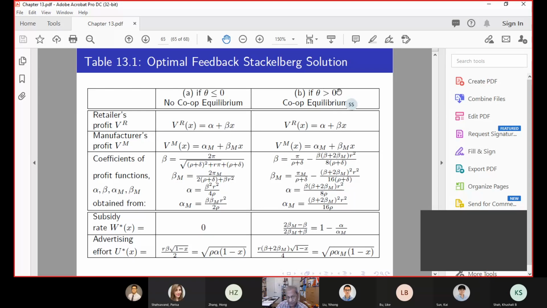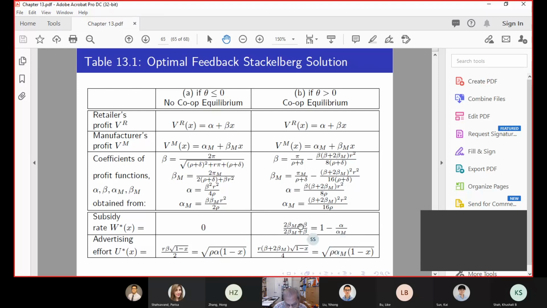Where theta is bigger than 0, we have the value function given by these two. And we have beta, beta m, alpha, beta m given by this set of equations, which are not so nicely solvable like this, but they have a solution. And take one of the solutions to be the positive solution, which is the beta. Then we can write the subsidy rate given by this.